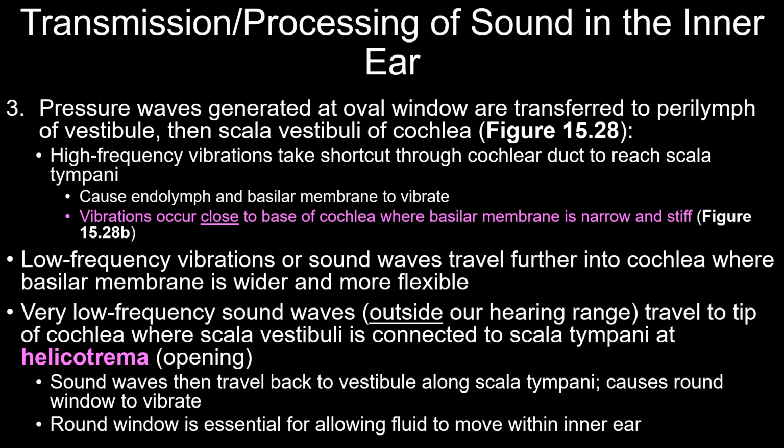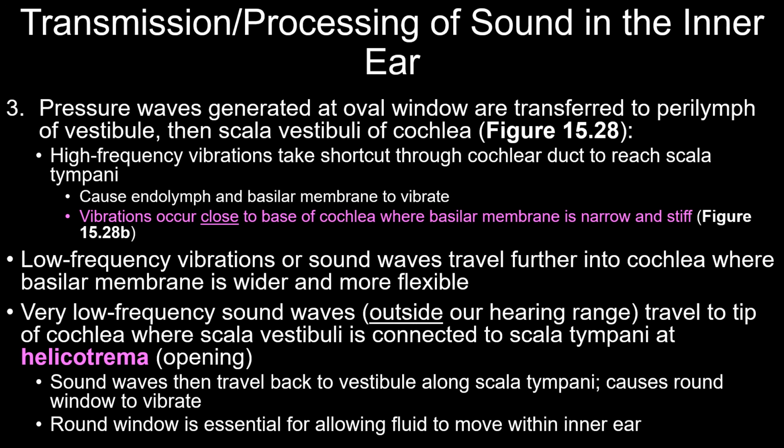And this kind of makes sense if you think about it. This high frequency vibration is going to dissipate very quickly in the fluid and only be able to vibrate a very stiff basilar membrane. Whereas low frequency sounds and low frequency vibrations are able to travel farther into the cochlea, and then this allows it to vibrate the basilar membrane where it is wide and flexible.